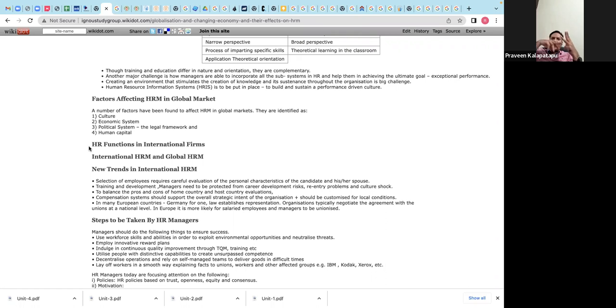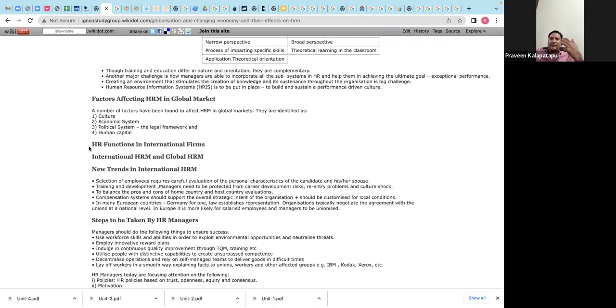Political system. If there are some leader rules saying that boss, you can't really compel an employee to have a 3 months notice while they are going away, then they can't do it. So in some companies, when it comes to Western countries, the relieving time is only 1 month. But when it comes to India, the relieving time is 3 months, right?